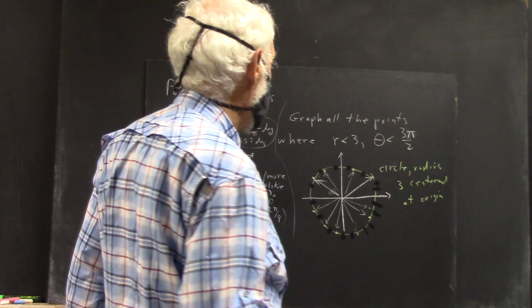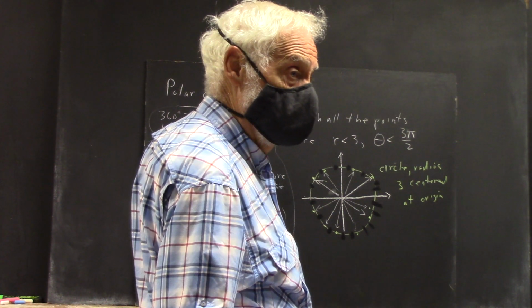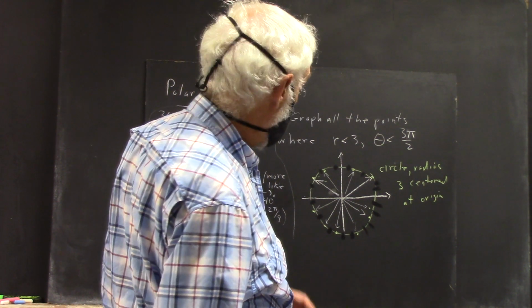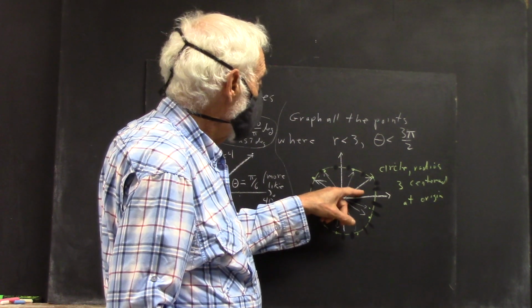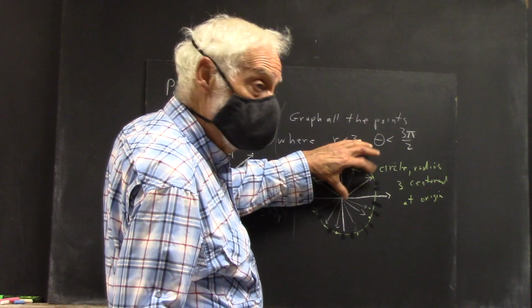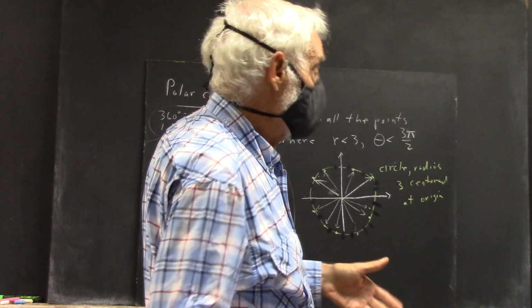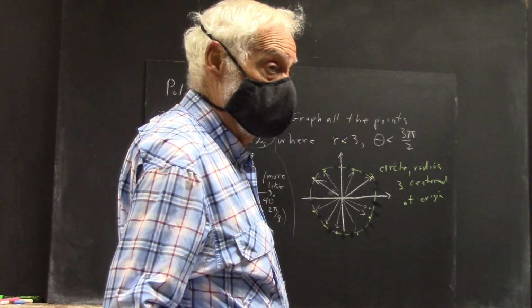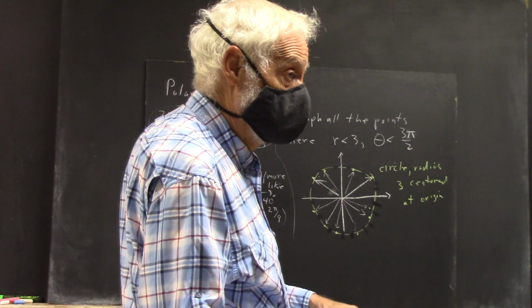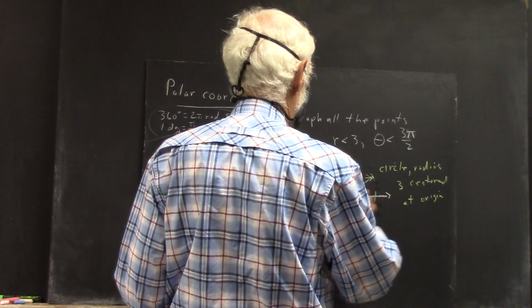What are the points where r is less than 3 then? Well, to draw a point, you draw an arrow where r is less than 3, an arrow shorter than one of these, that would put you inside the circle, right? So it's pretty obvious that the set of points where r is less than 3 would be the interior of the circle. So we could shade that.